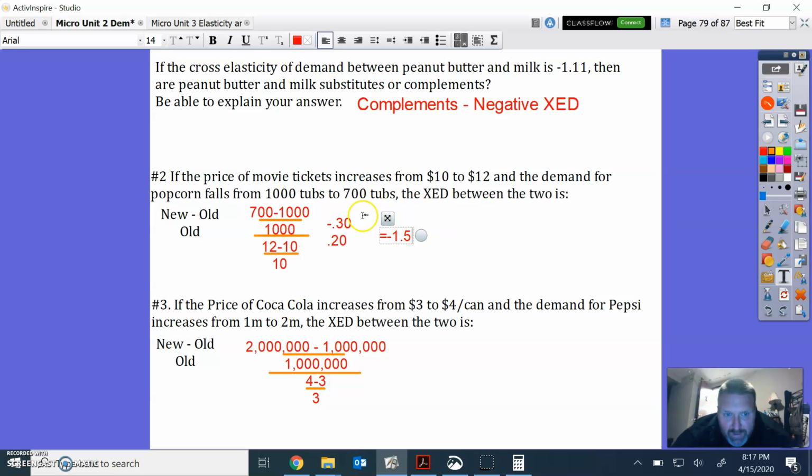So I know that if it's negative, popcorn and movie tickets are complements, right? And they're sort of on the elastic side here.